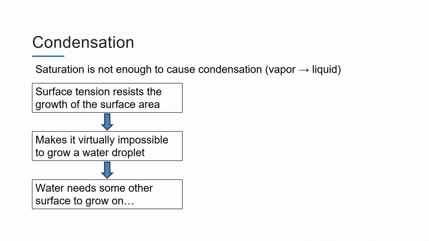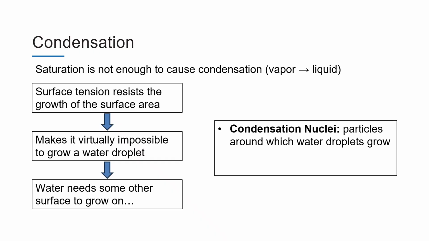So this is where condensation nuclei come in. These are particles in the air around which water droplets can grow. And these can be any solid particle, really, including dust, smoke, pollen, salt from ocean spray, and even bacteria floating in the air. The water clings to these particles and the droplets grow.